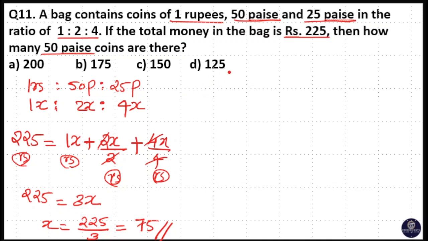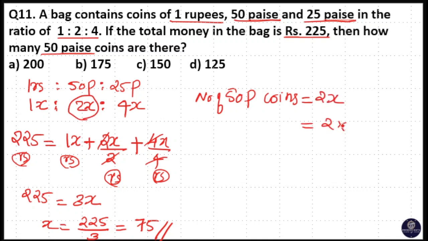So we have to find how many 50 paise coins are there. So number of 50 paise coins is equal to how much? 2x. That means 2 into 75 is equal to 150 coins.